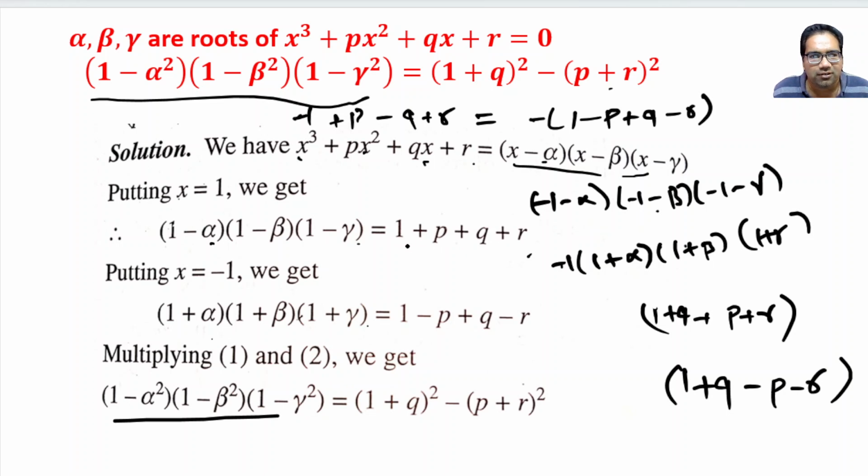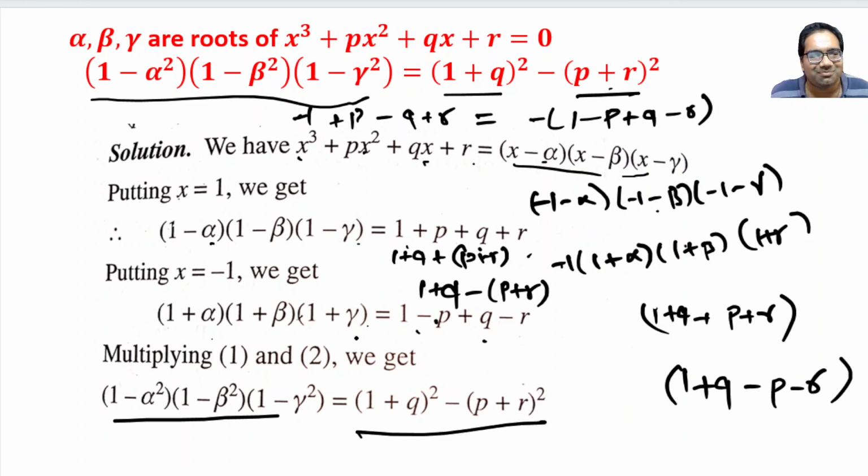This is equal to 1 plus q plus p plus r, and this is equal to 1 plus q minus p minus r. Again, a plus b into a minus b. This becomes (1 plus q) whole square minus (p plus r) whole square, which is what it is about.